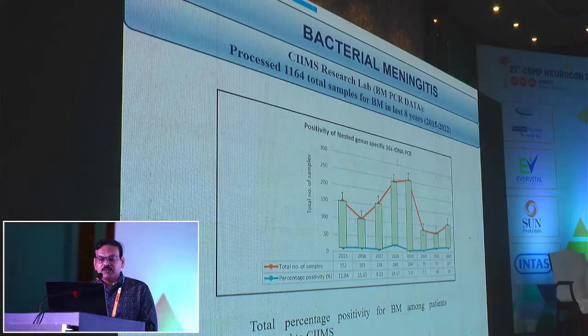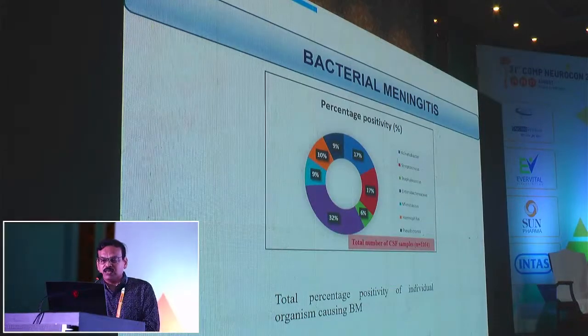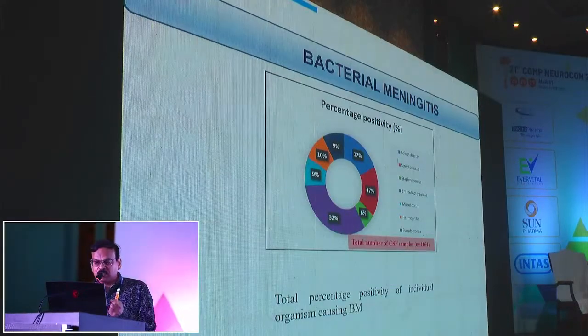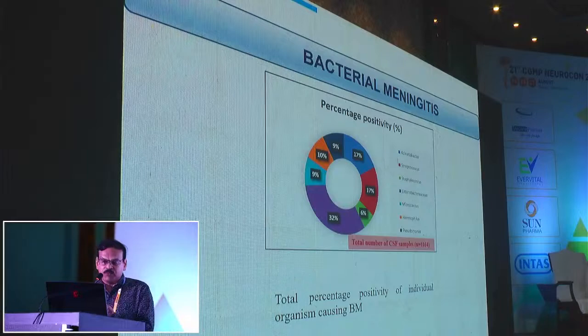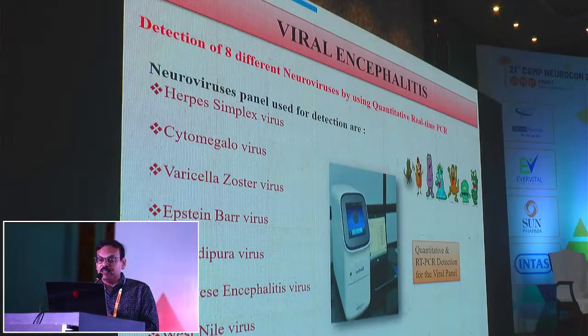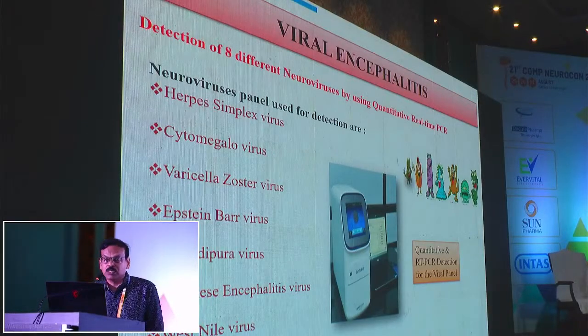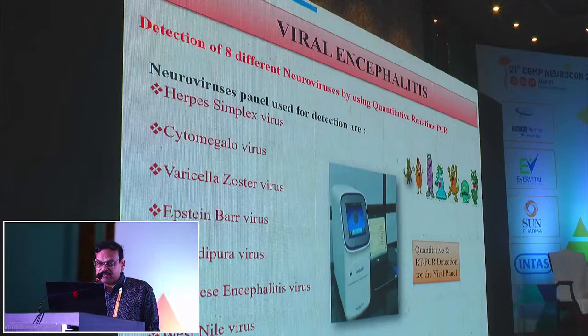We analyzed around 1,164 samples of meningitis, and this was the organism we got. Then our lab also developed a viral encephalitis panel by real-time PCR, and we analyzed 8 different viruses through PCR.